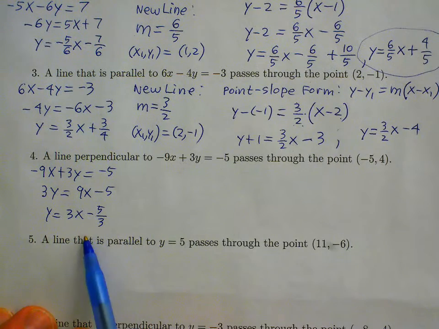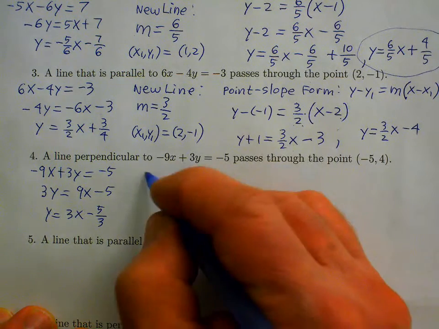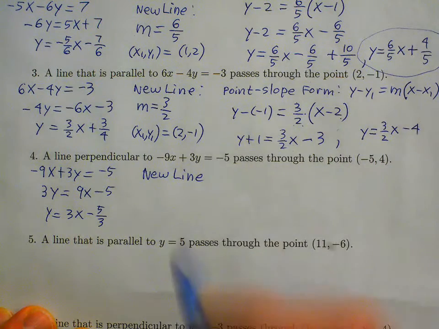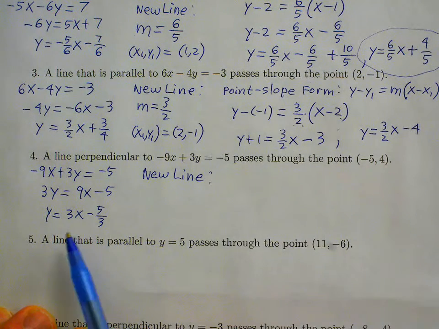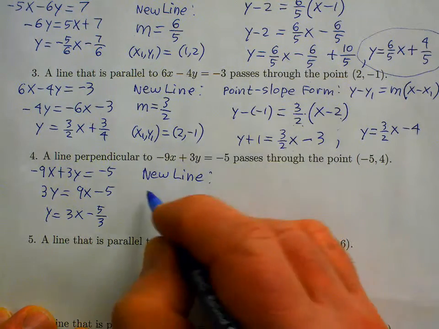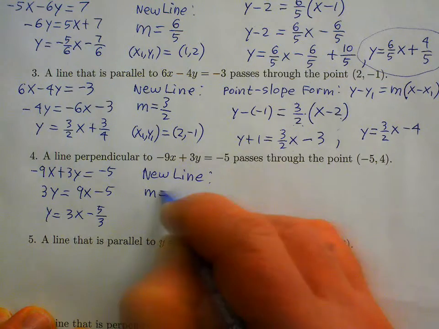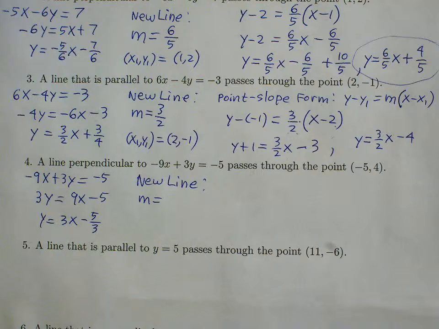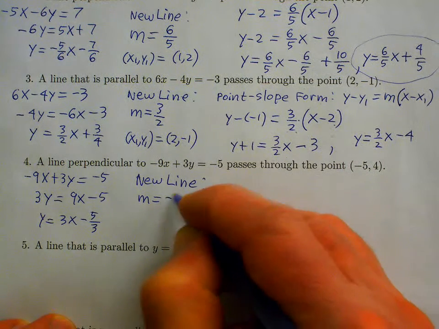Okay, that can help us. The new line has a slope that is the negative reciprocal of 3. Well, if you think of 3 as 3 over 1, then the reciprocal of 3 over 1 is 1 over 3. And so the negative reciprocal of 3 over 1 is negative 1 over 3.